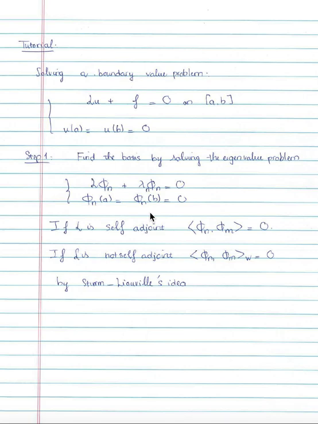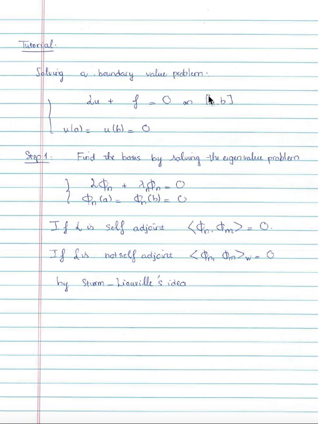Today I'm gonna try to make a tutorial video in which I will try to explain to you how to solve a boundary value problem. In this example, I'm gonna focus on the boundary condition.